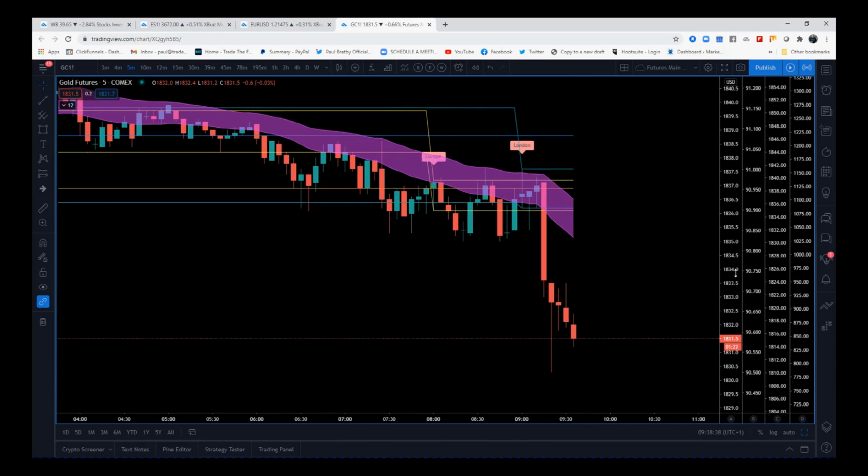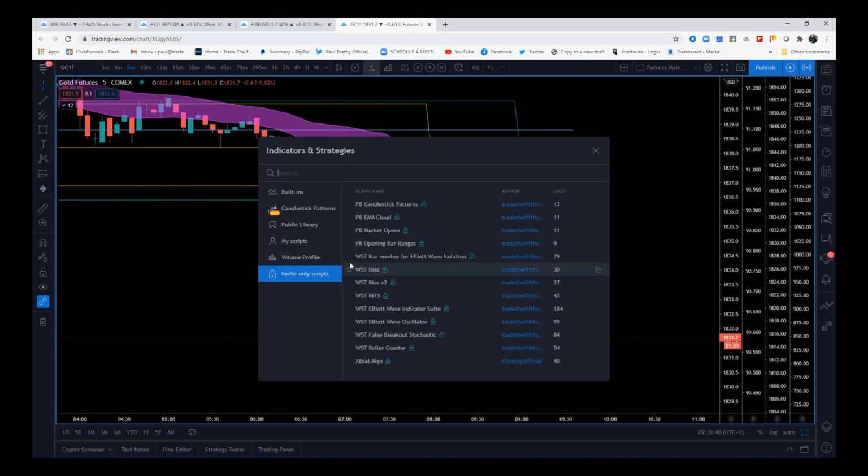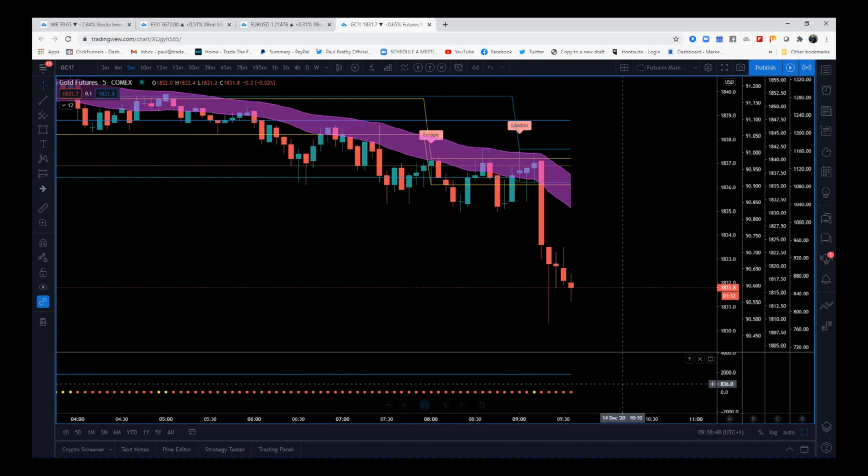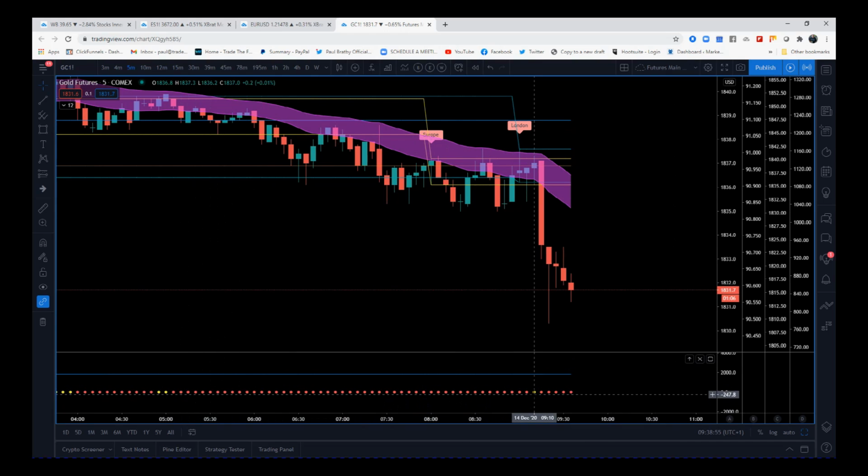So let's just add the bias indicator as well, just to show you that the main bias on the higher time frame for gold is bearish during this move. Okay, we go slightly neutral at this point after the London Open, and then we're bearish again.